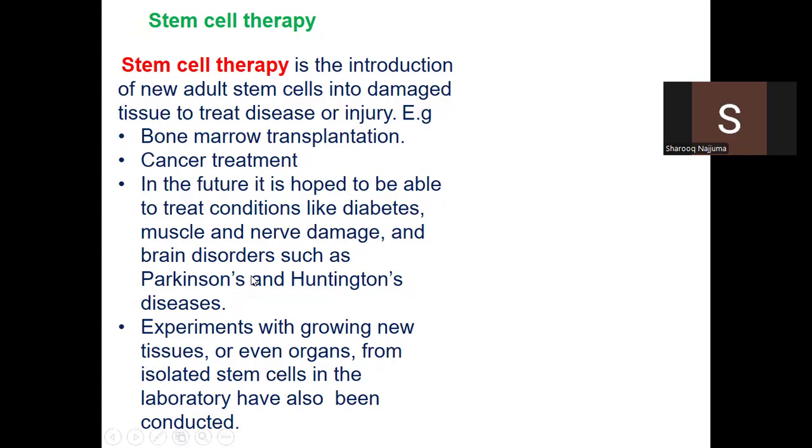They can even be used, they are projecting that they will be used to treat brain disorders such as Parkinson's and Huntington's disease. Now, these are hereditary diseases. And if we have stem cells, they can be used to treat such diseases. More research is being done. They are also experimenting growing new tissues.